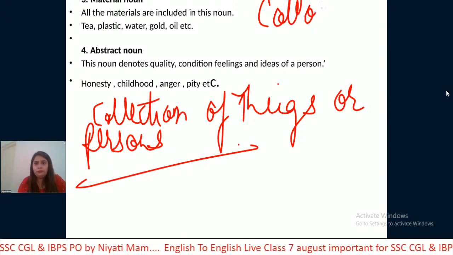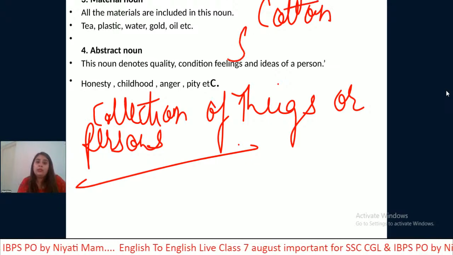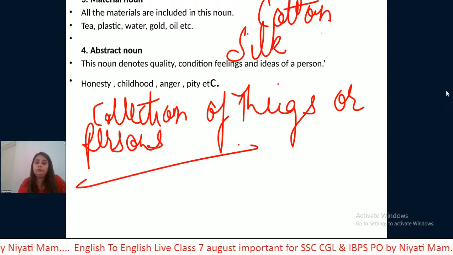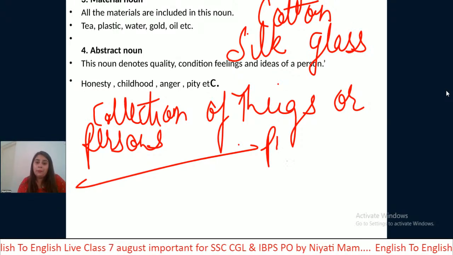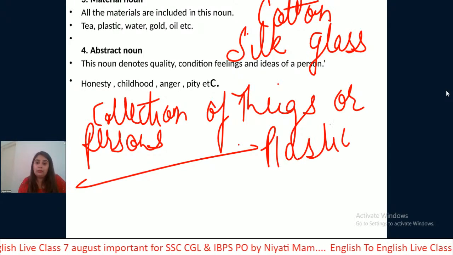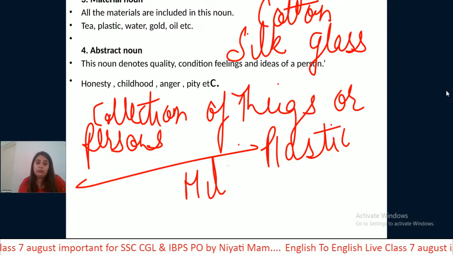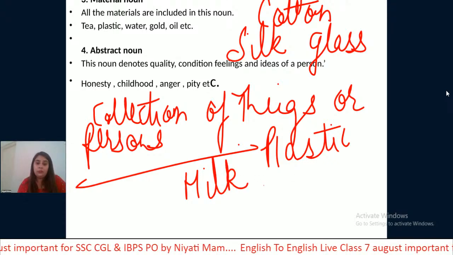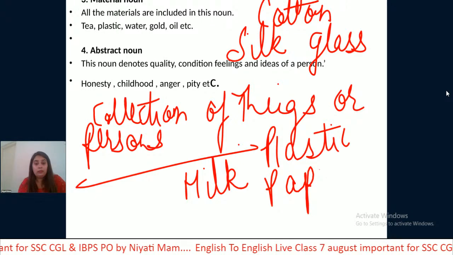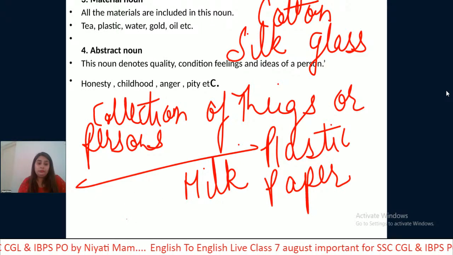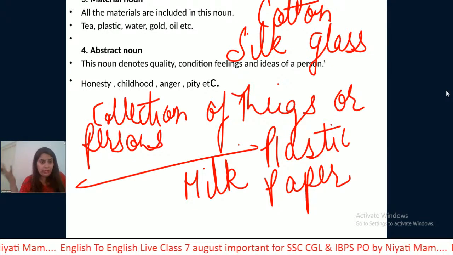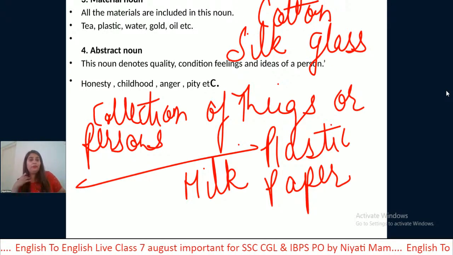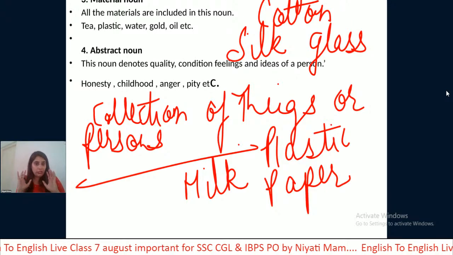Cotton, silk, glass, plastic, milk, paper, etc. Any material through which things are made, any such stuff comes under the category of material noun.